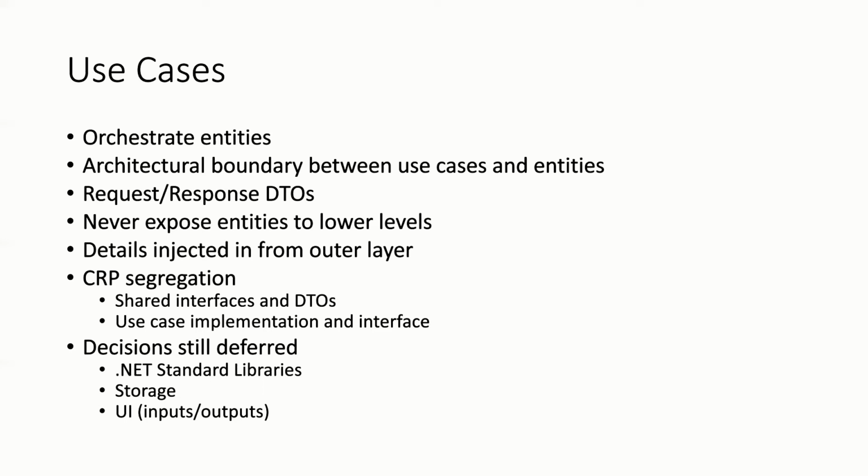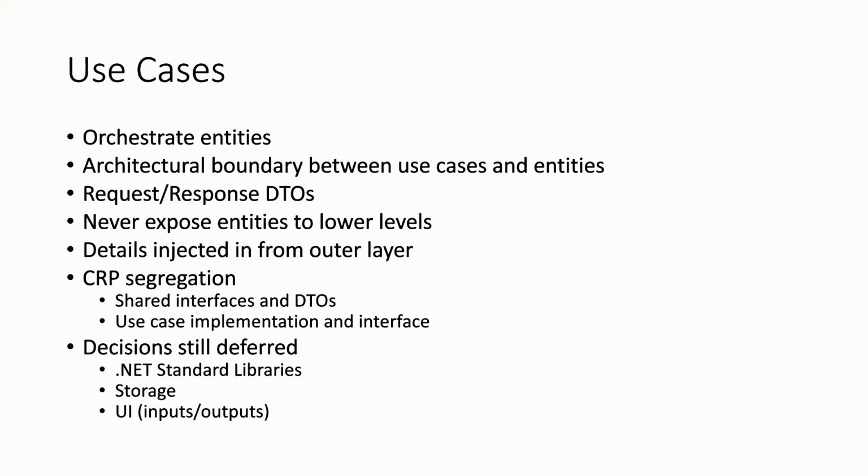The big reason for that is if you do, then that entity orchestration will start happening in your detail layer, inside of your mobile apps, inside of your web apps, whatever your user interfaces are, calling things on those entities. And as well, if anything needs to change on the entities, it means that change is scattered throughout the application if you give out those entities to the lower levels. That's why we use those DTOs. It encapsulates changes into layers.